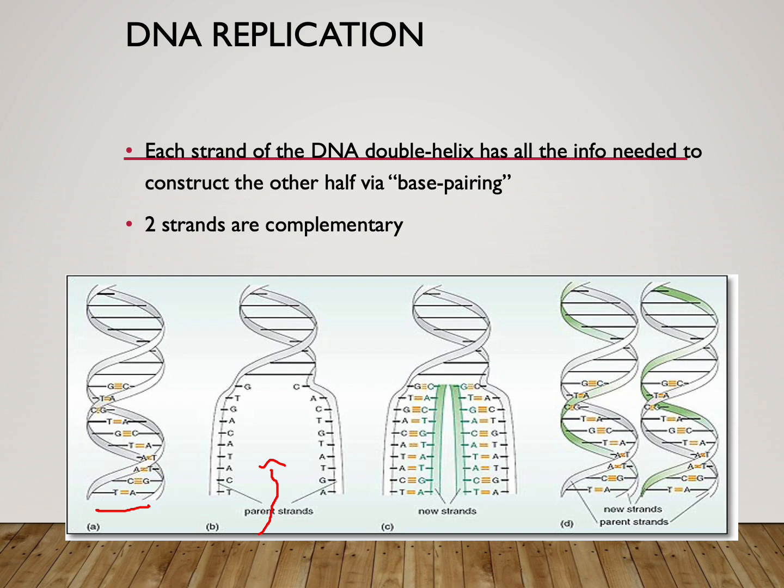And then once helicase helps separate the double helix into individual strands, these are known as our parent strands, the parent being the original ones that we start with. Then you'll have another enzyme known as a primase that deposits primer.